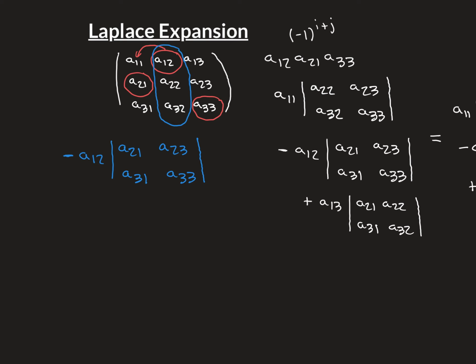And whether we need to correct it by an odd or an even number of switches depends how far away it is from the diagonal here. So this one is just one maneuver away from the diagonal. You could move it into the diagonal either by going down one or by going to the side one. Both of those would bring it into the diagonal, so it's just one away from the diagonal. So it needs one switch to get it into the diagonal, so it will have a minus 1.